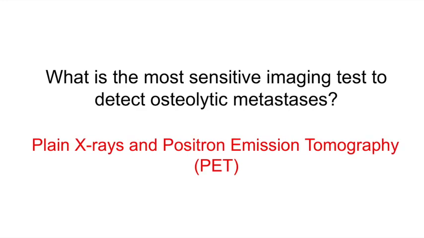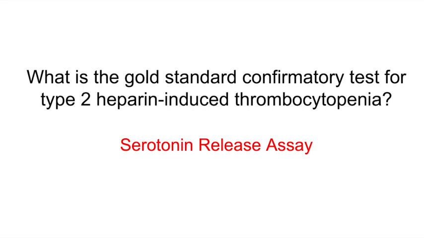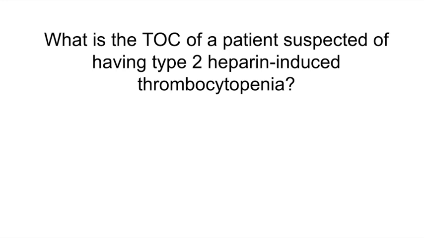What is the gold standard confirmatory test for type 2 HIT? Serotonin release assay. Recall that you need to start treatment in suspected cases prior to doing any confirmatory tests. What is the treatment of choice of a patient suspected of having type 2 HIT?